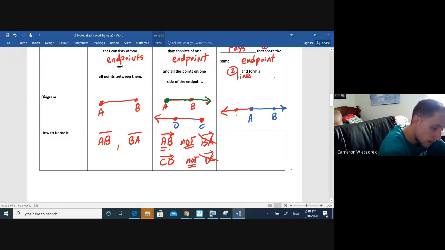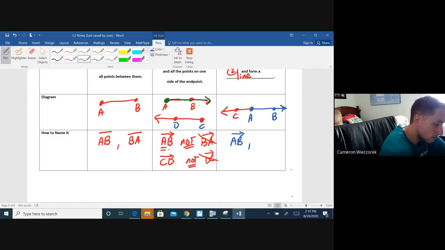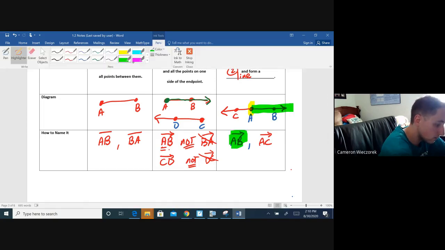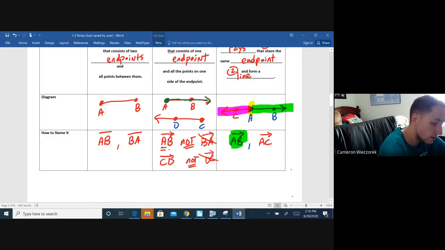So let's say there's C. So one of my rays would be AB, and the other one would be AC. In both of those cases, they start at the same spot. Both of them start at point A, but then this ray goes forever to the right in green. That's ray AB. And this ray, let's do it in pink, goes forever to the left. That's ray AC.